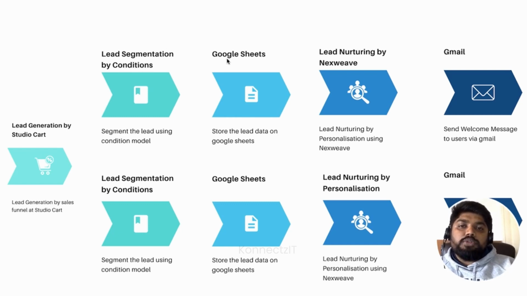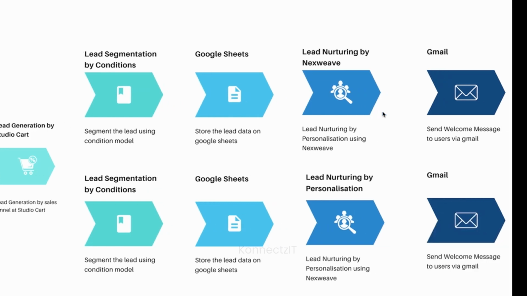And then I will store the records inside Google Sheet, and also I will nurture the lead using NextView, which is a personalization tool, where I will try to personalize according to our customer needs. I just personalize the record and send a notification using Gmail, or you can even send WhatsApp messages too. So let's get started by creating this use case.